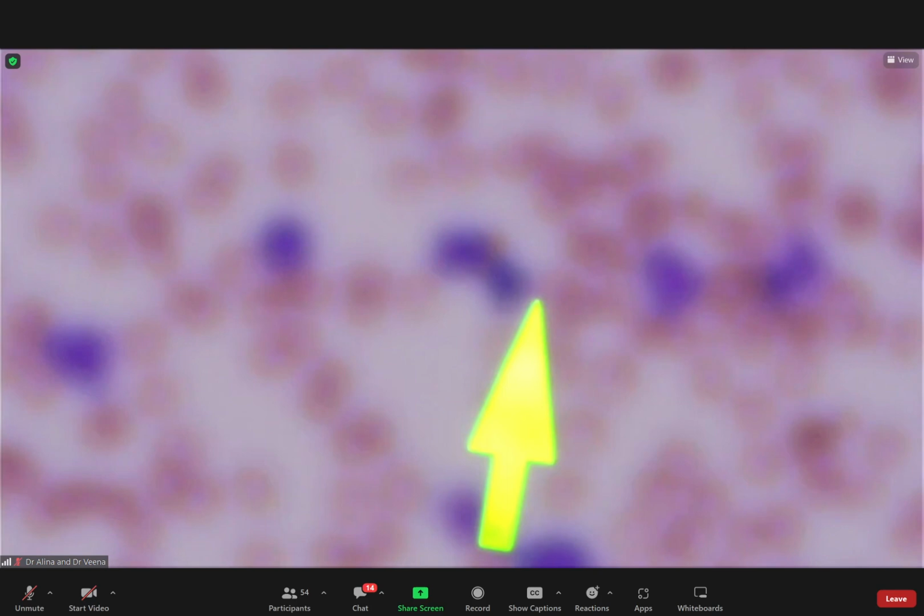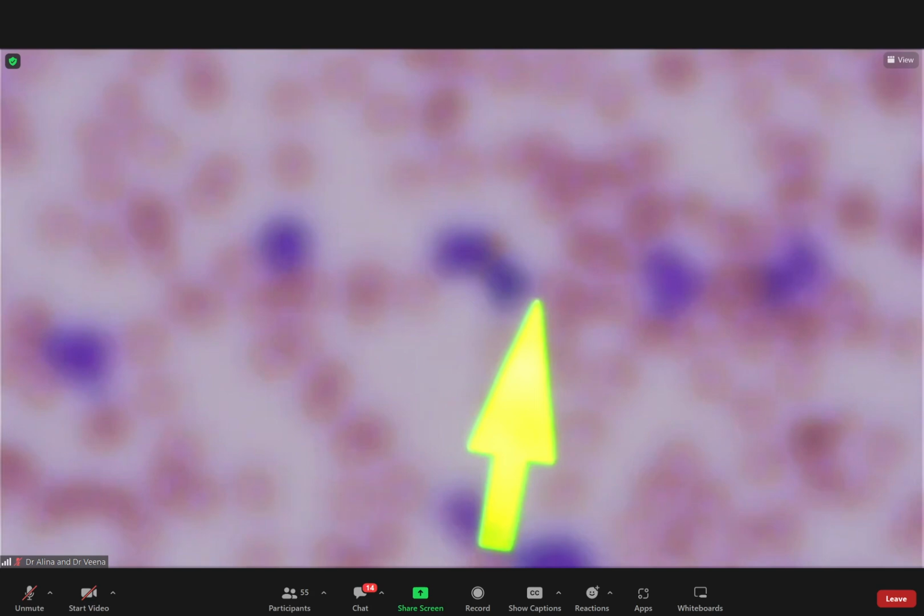So I was quite strict. I didn't give you full marks if you wrote FISH for PML-RARA, just because I want to make you clear of the terminology. Okay, so for FISH, which is cytogenetics, you look for translocations.